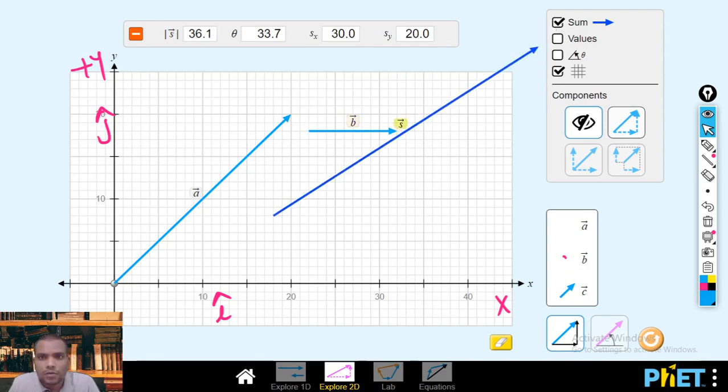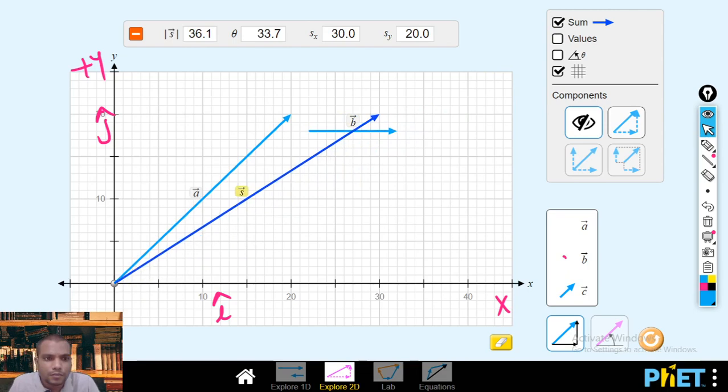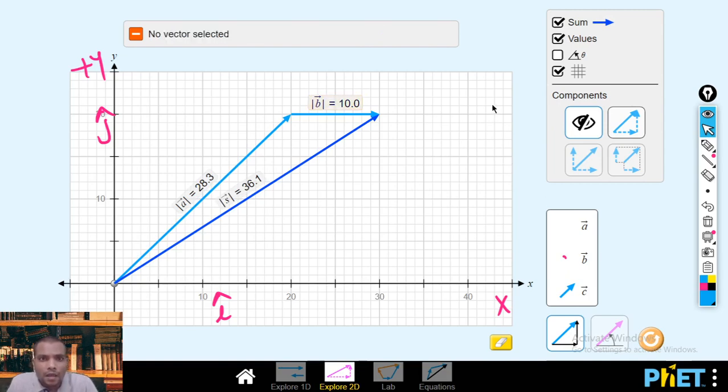This is the sum of the vectors, which I got by placing them head to tail. If you closely observe, I have options for showing values. Now I have taken values.